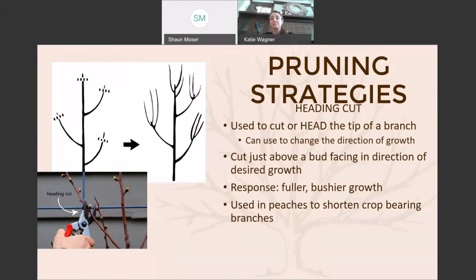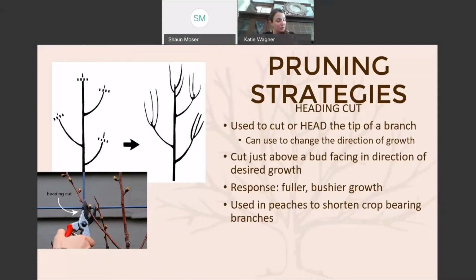And we do this because we want to shorten the branches. The reason we want to shorten the branches is because we need to have a branch that is an adequate diameter on the tree to be able to handle the weight of that peach and nectarine. It's going to need to be probably about the thickness of a pencil, or it's not going to be able to handle that weight.